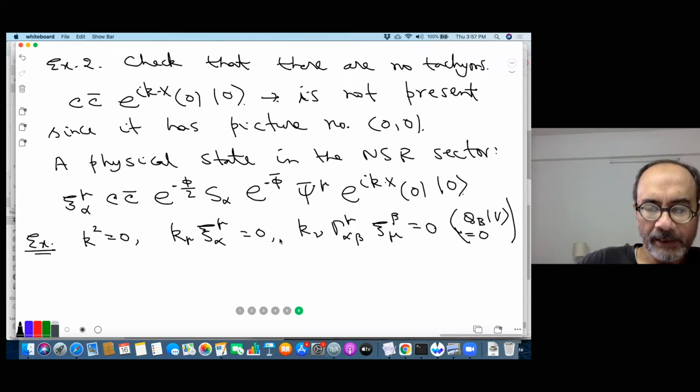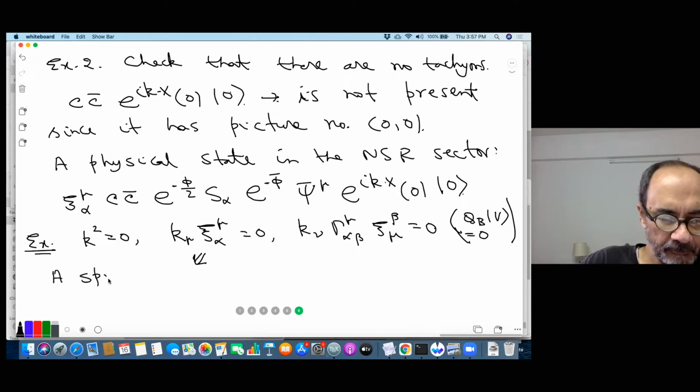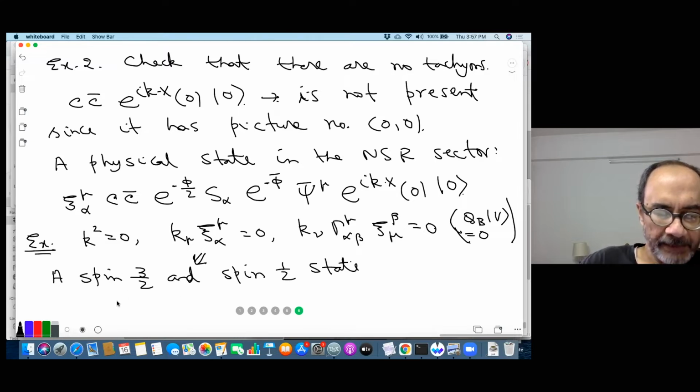If you examine this carefully, you see that it has a vector index and a spinor index. By examining the spectrum carefully, one finds that this has a spin 3/2 and spin half state. The massless spin 3/2, you can identify as the gravitino. This one you can think of as a gauge condition.